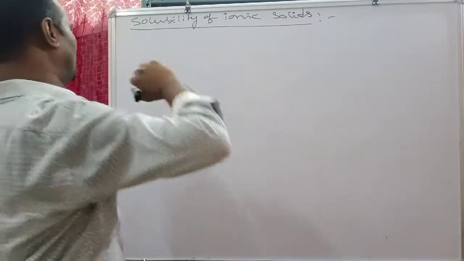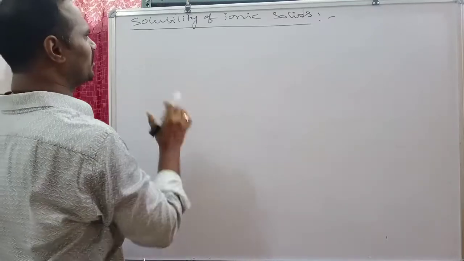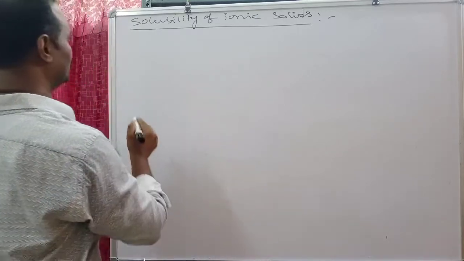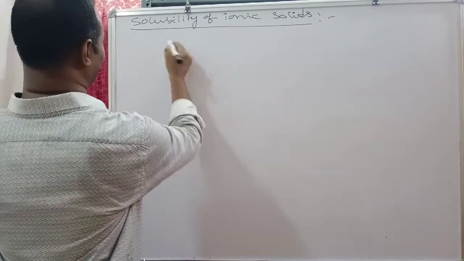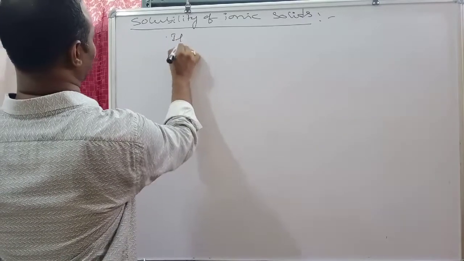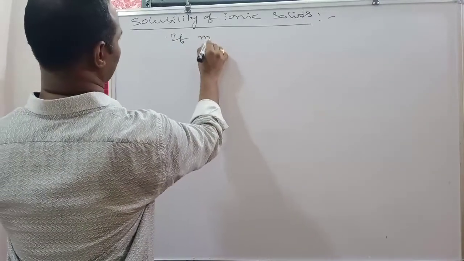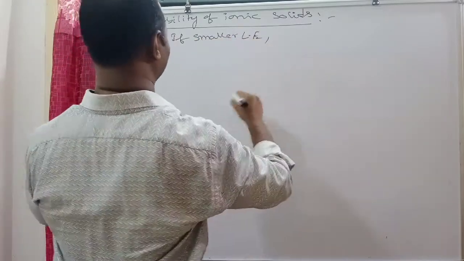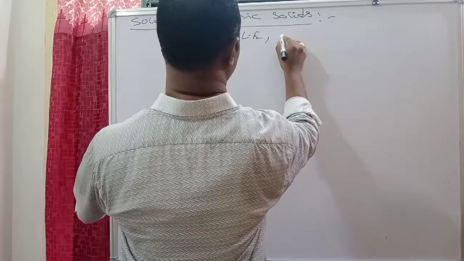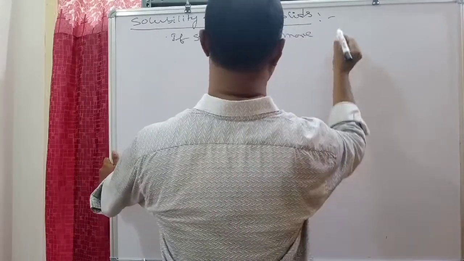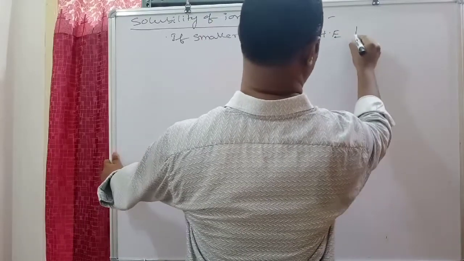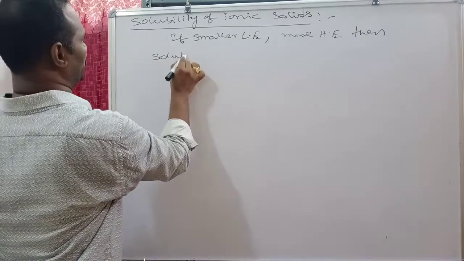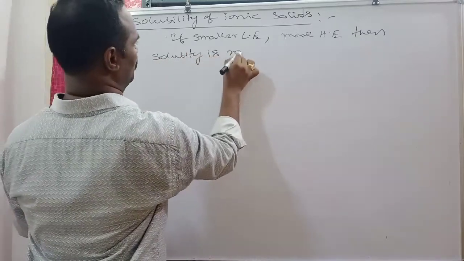Solubility of ionic solids. Ionic solids dissolve in larger quantity in liquid solvents. What are the main factors? If there is smaller lattice energy and more hydration energy, then solubility is more.